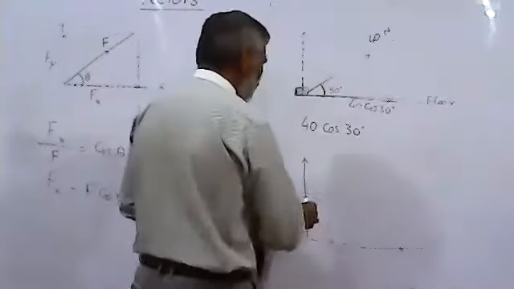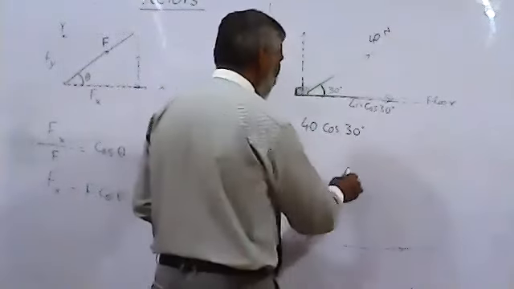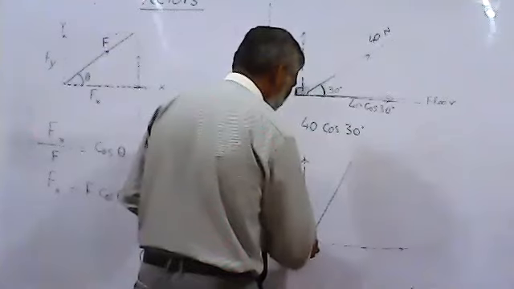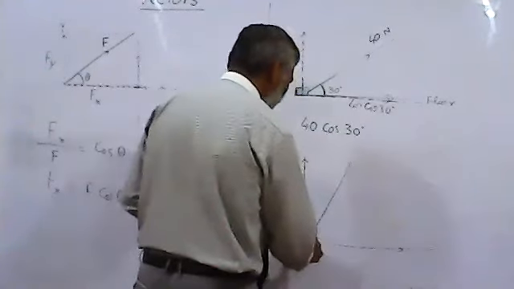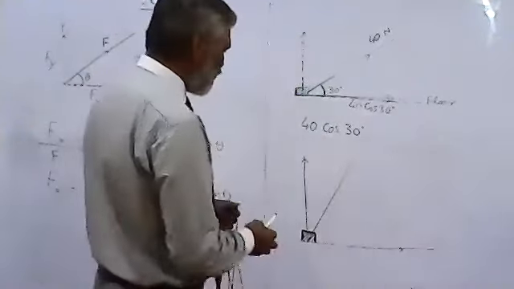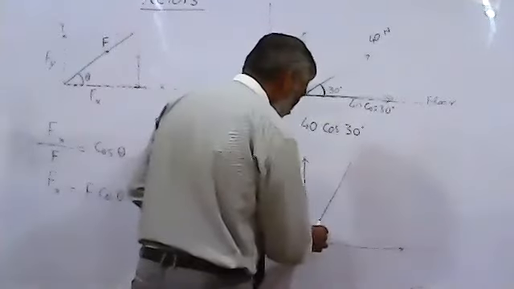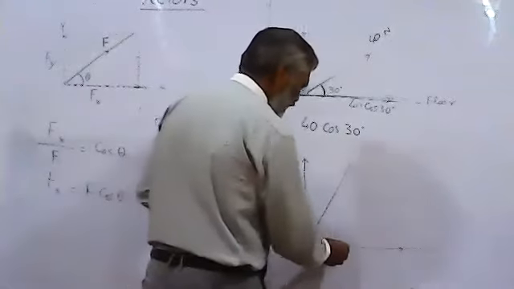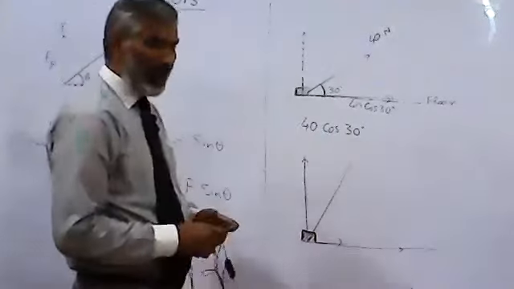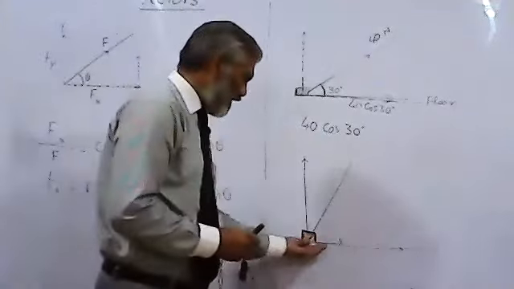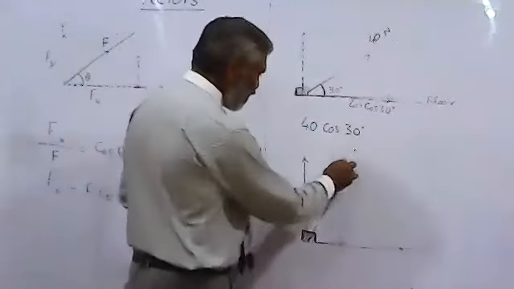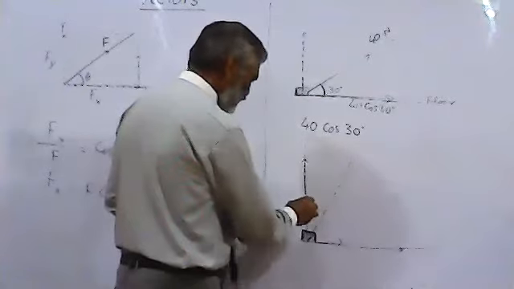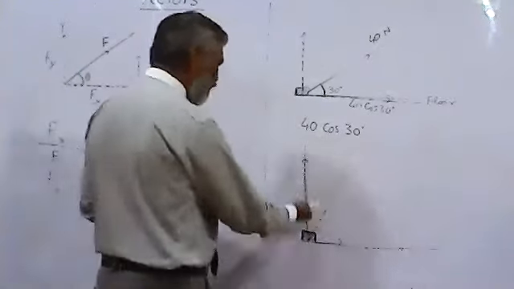If this is the force and this is the block on which you are applying, the same block, now you want to lift this mass up. Obviously, you would like to move this string to this direction so that this component becomes smaller and smaller, and ultimately it disappears, and all this force should be exactly along this direction, and only then you will be able to lift it up.